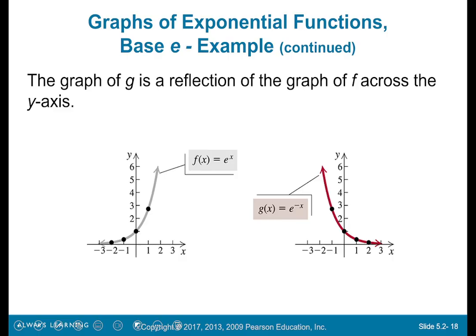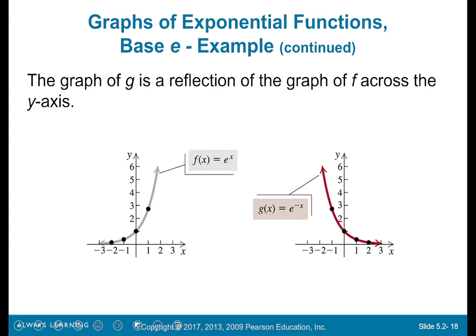Now, as a function, it's still an exponential function. So looking at our f of x equals e to the x, you can see it grows up towards positive infinity. And e being about 2.7, that kind of makes sense. It's our base that is greater than 1, and so it should shoot up to infinity.